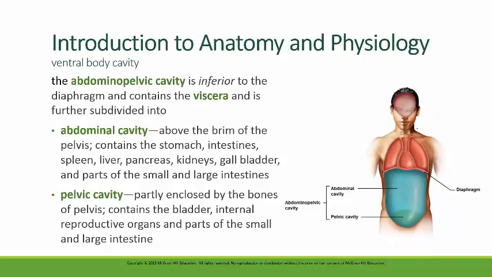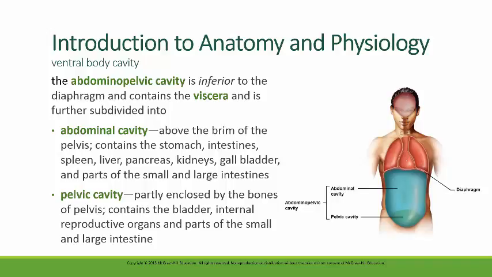The abdominopelvic cavity is inferior to the diaphragm, that is, it is below the diaphragm, and it contains all of the organs that together we refer to as the viscera. The stomach, the liver, the large and small intestines, the spleen, the pancreas, all of those are the viscera.